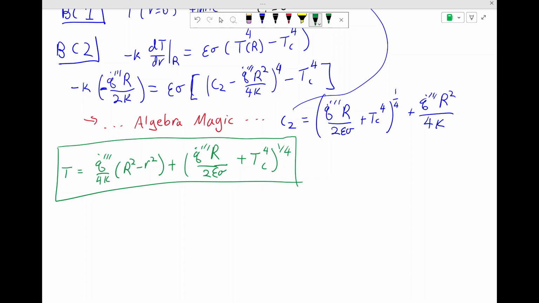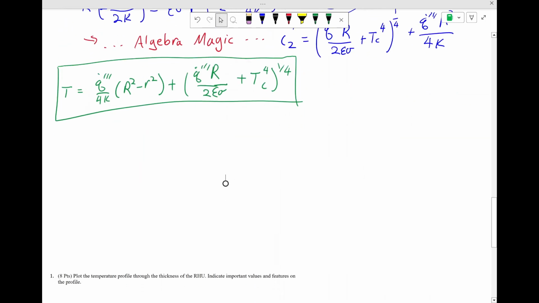So essentially what we've got is a parabolic profile in R. So if we want to plot this here, we know that it's going to be the highest temperature in the middle, and then as the local coordinate r squared gets bigger, this first term gets smaller, and then we approach the quantity on the right.